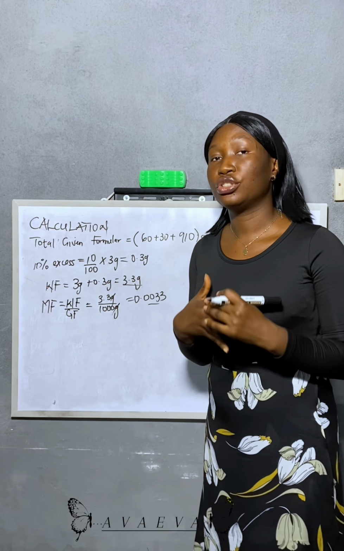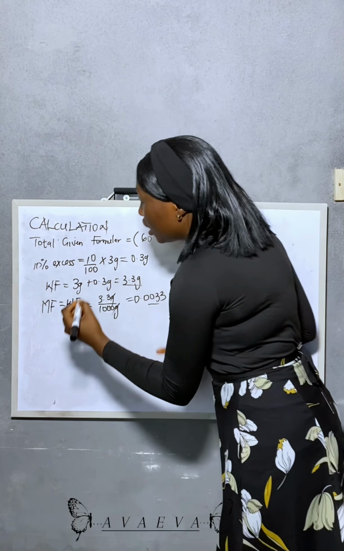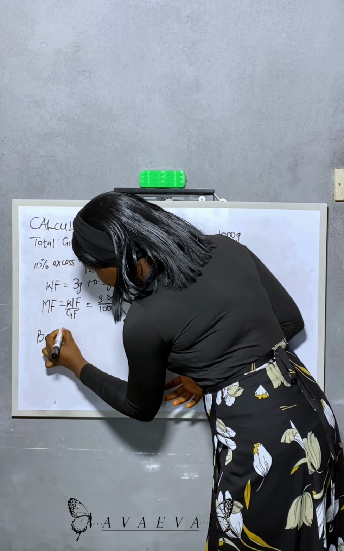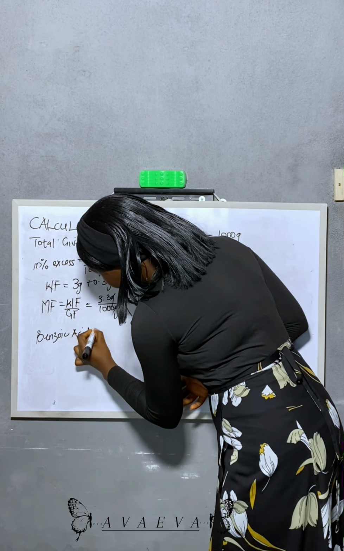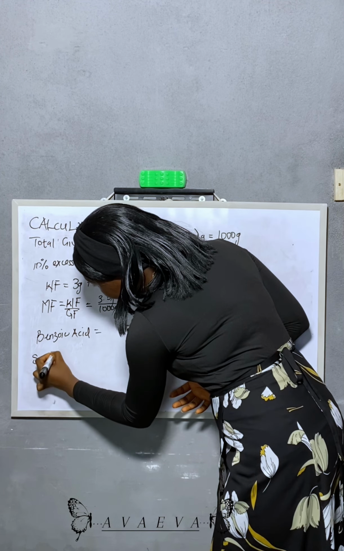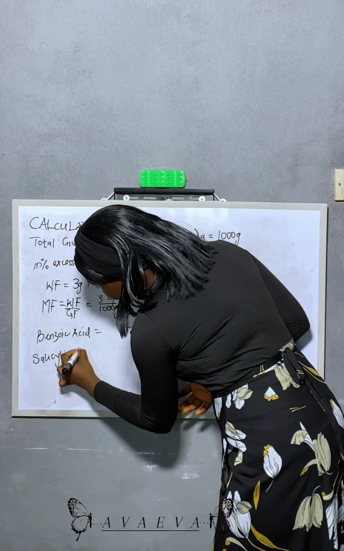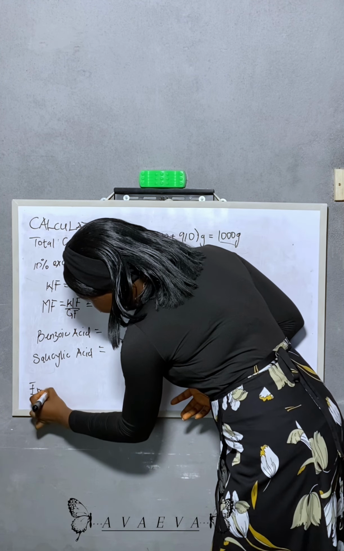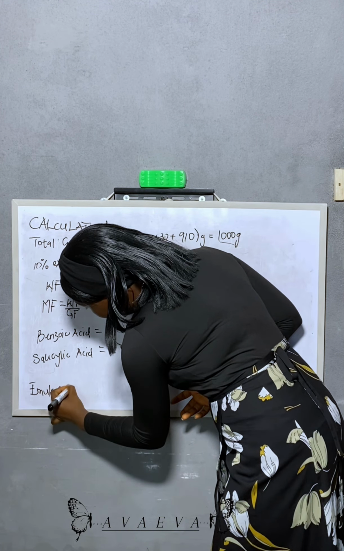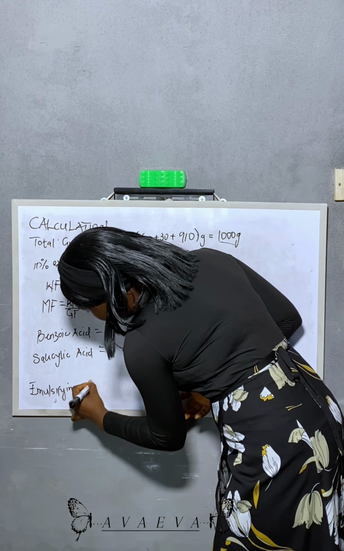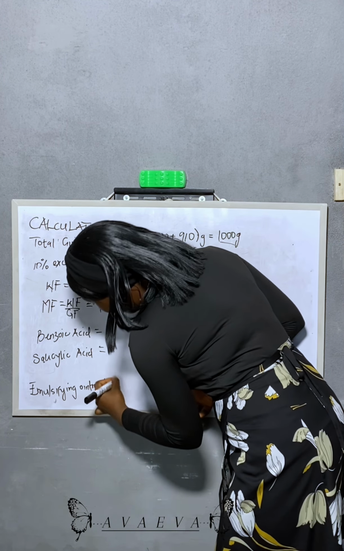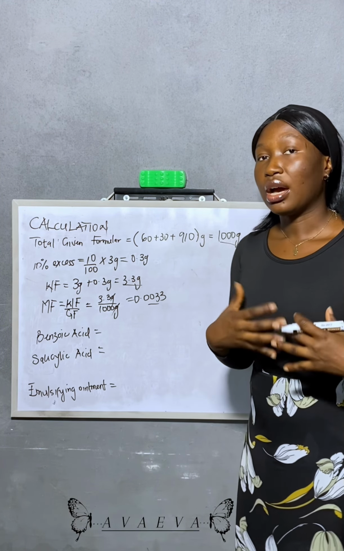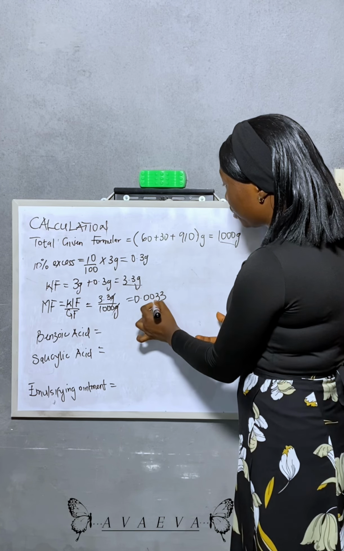Furthermore, you would bring out your ingredients, the ones you're working with, which is your benzoic acid, salicylic acid, and finally your emulsifying ointment. Now it is important to multiply each amount of your ingredients with your multiplying factor.